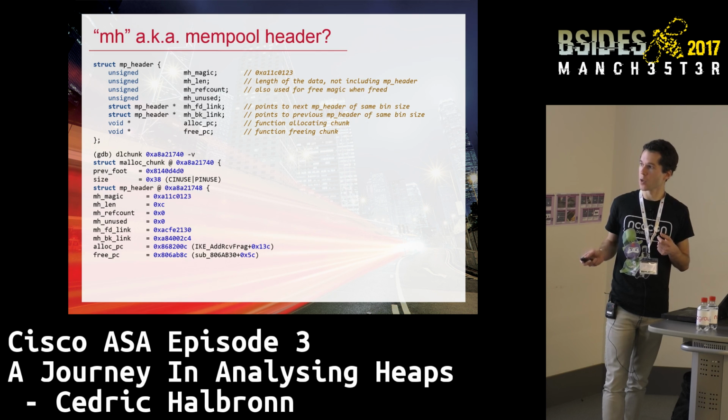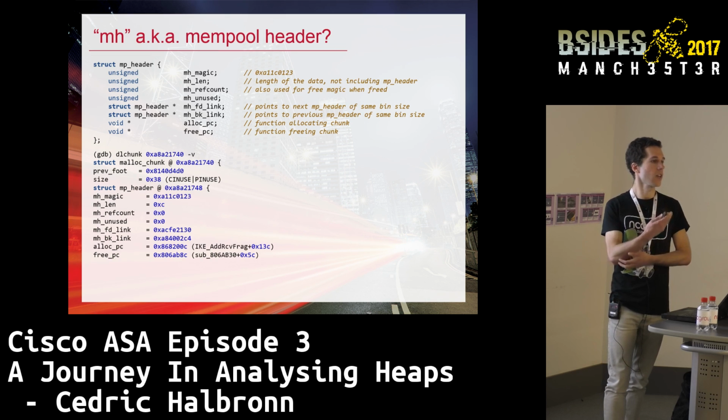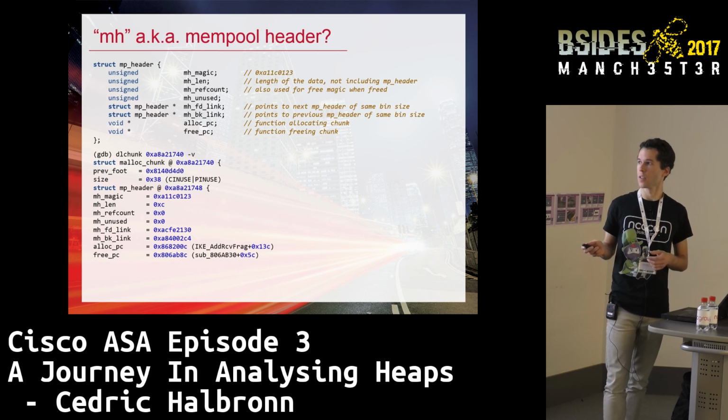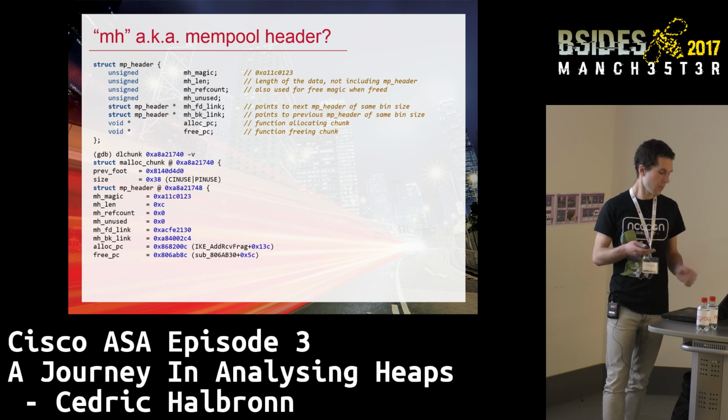And then we have the Cisco specific header, which contains the magic we saw earlier, the length, and these doubly linked list pointers, and then the alloc PC. So here, for example, we can see that the caller of this chunk is ikey add receive frag. It's pretty cool because it means we can actually track who allocated what chunks. That's not possible to do with dlmalloc only, but with their addition, from our perspective, it's pretty useful.